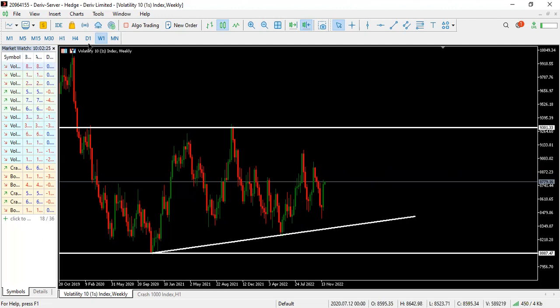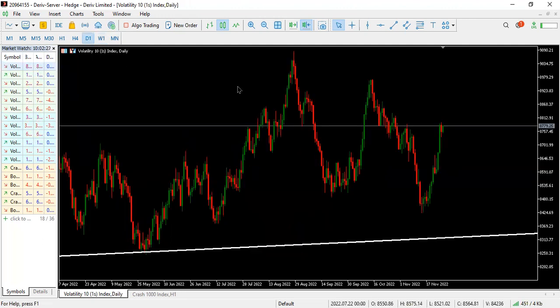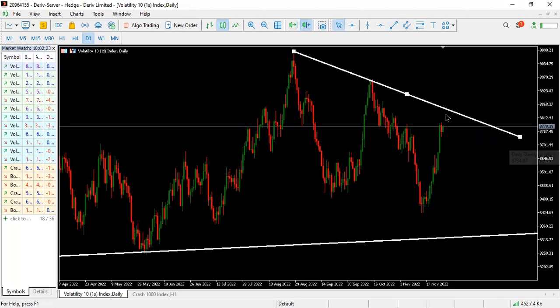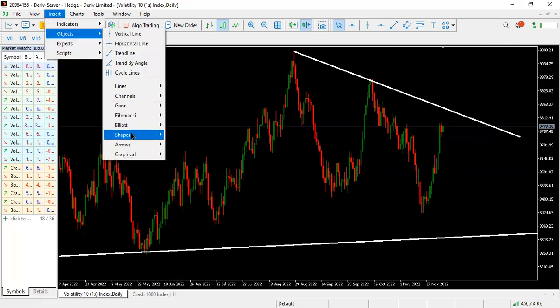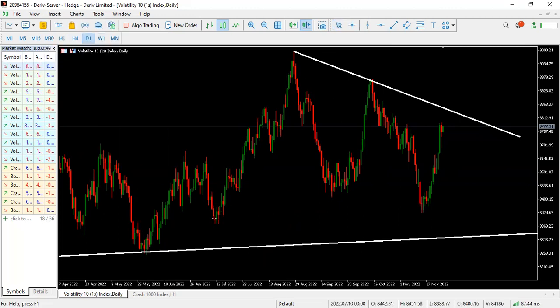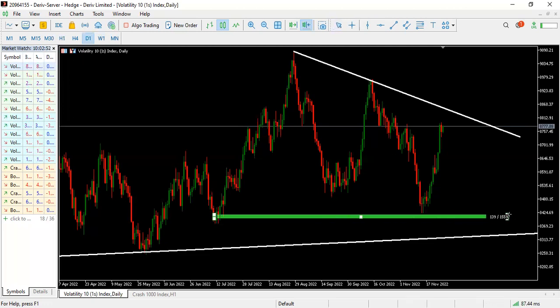Okay, let's go to daily now, and on daily we can see here we have something like this. And still, since we have something like this, there's nothing that we have to do at this level. We have to wait for the price to hit a good trend line, and this is where we're going to take a trade. But again, we check by all means what the price did, for us to be safe.